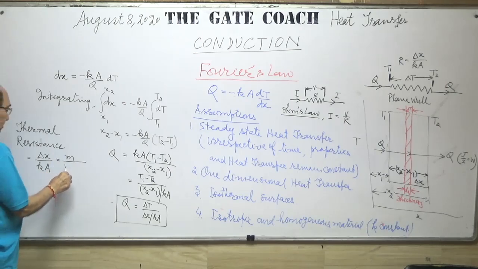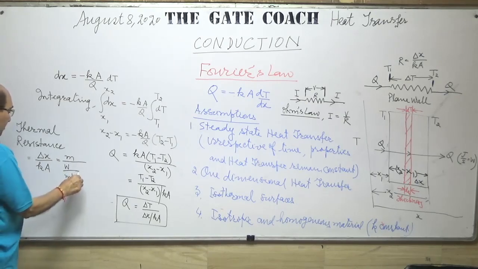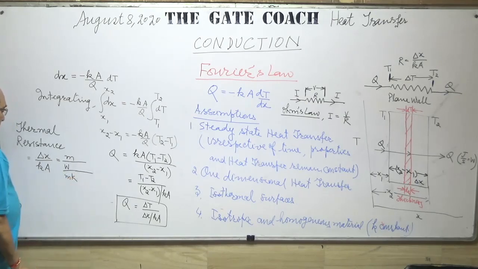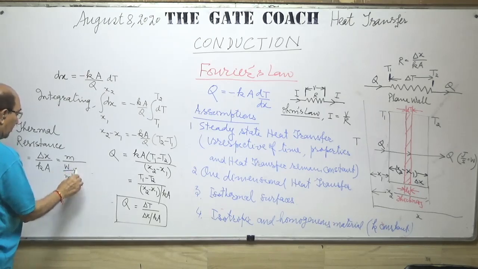K was in terms of watt per meter Kelvin. And area in terms of meter square.